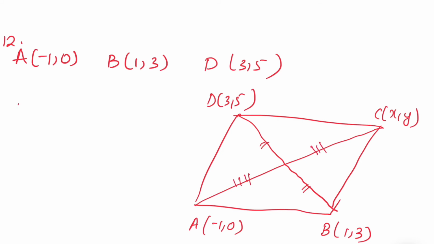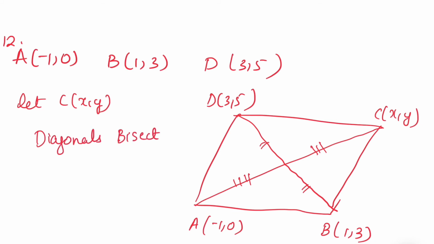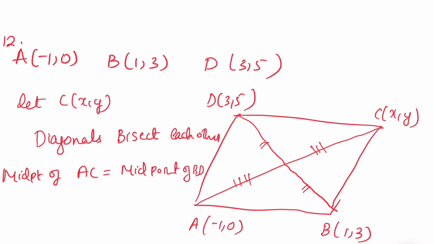So I can say, let C be (x, y) as I mentioned, since the diagonals bisect each other, the midpoint of AC is equal to the midpoint of BD. Midpoint of AC will be equal to midpoint of BD.